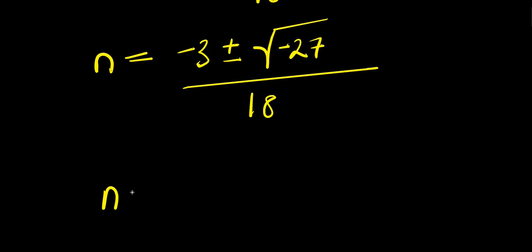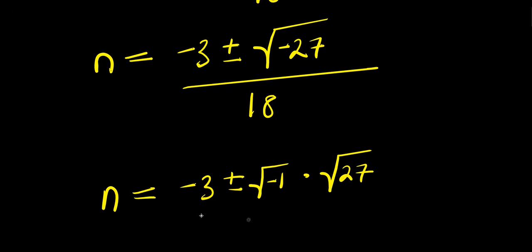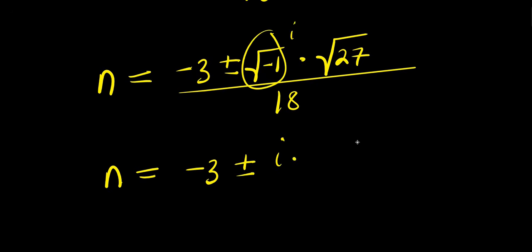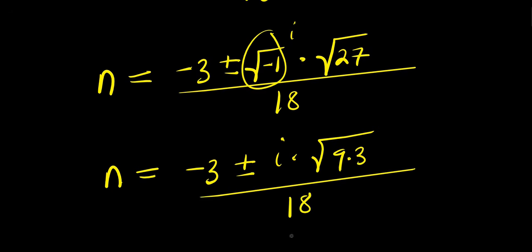So from here, we have n equals negative 3 plus or minus square root of negative 1 times square root of 27 divided by 18. So from here, I have n equals -3 plus or minus square root of -1 is iota, i times square root of 27, I can express it as 9 times 3 here, divided by 18.